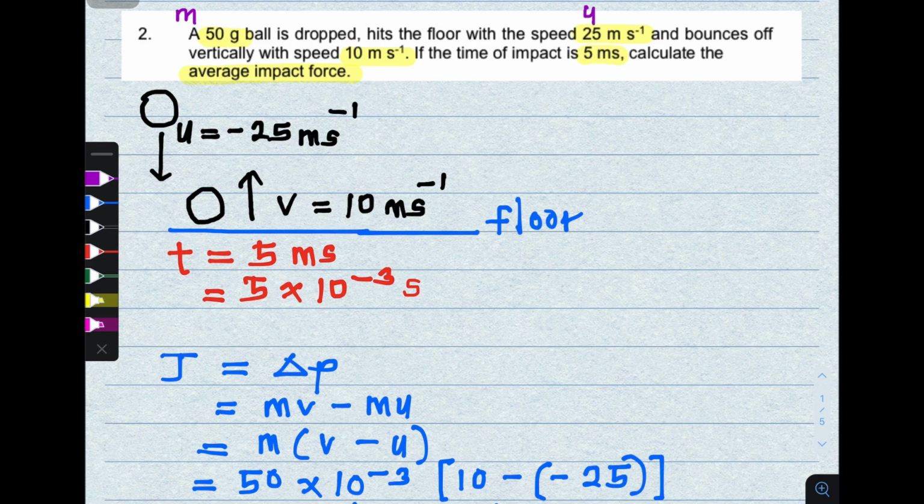This is U. And the final speed for the ball is 10 meter per second. So this is the V. And given the time of impact T is 5 milliseconds. And you need to calculate the average impact force. So for this question, you need to find out what is the force F.